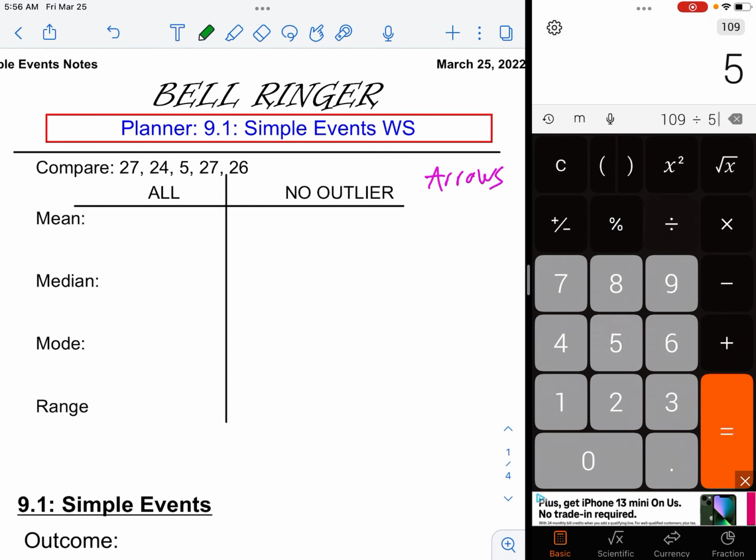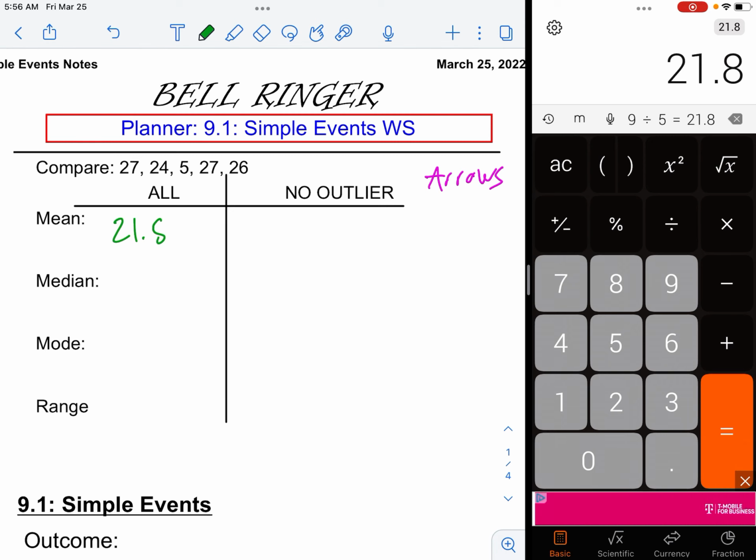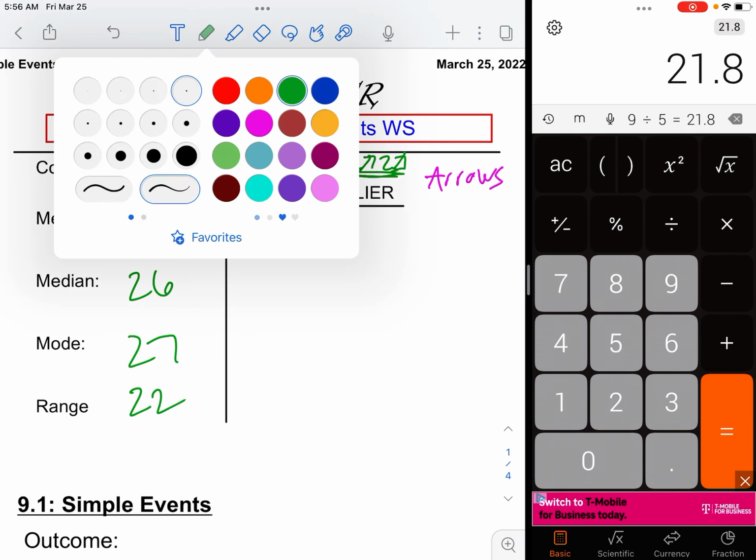And then we divide by 5. The median, we'd reorder these, so 5, 24, 26, 27, 27. And we'd find the middle number, which would be 26. The mode would be 27 because we see 2 of those. And the range would be 27 minus 5, which would be 22.